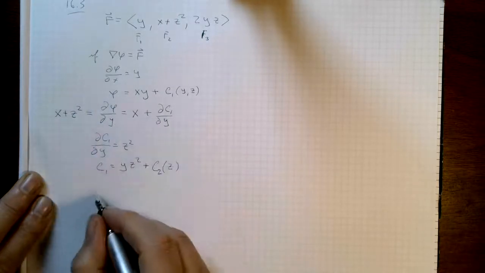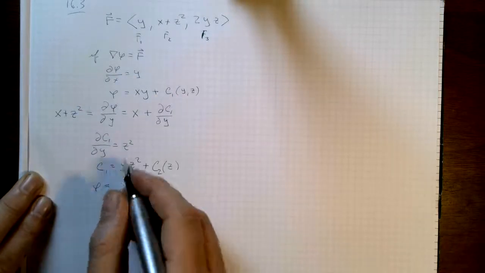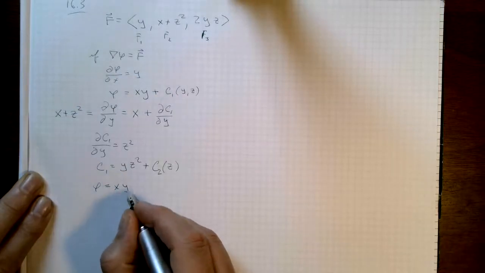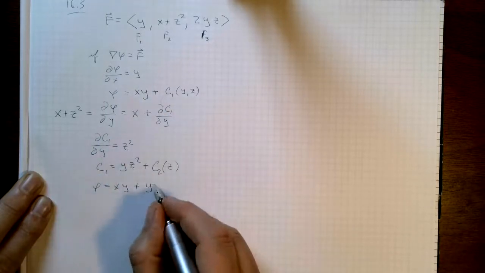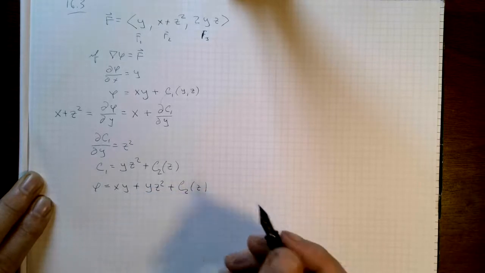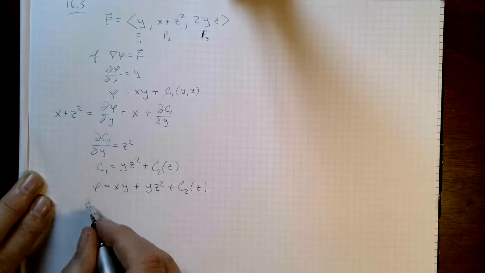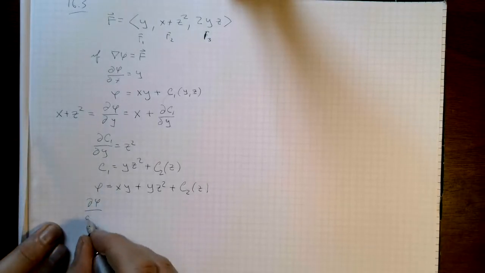Well, let's write down what phi is now. It was xy plus c1, and c1 is yz squared plus c2, which is a function of z. Let's differentiate with respect to z.